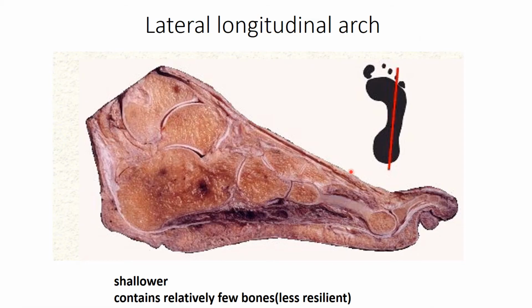Now about the lateral longitudinal arch. The lateral longitudinal arch is evident because there is an unequal impression of the portion forming this arch. The contributing bones of this lateral margin of the foot form an unequal impression. Of course, this arch is shallower, and since it contains fewer bones, it is less resilient.